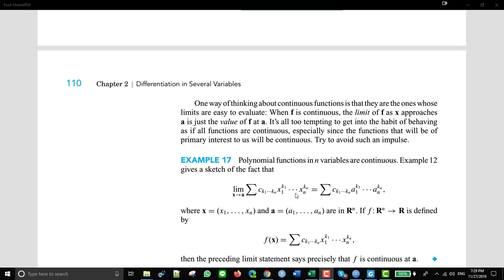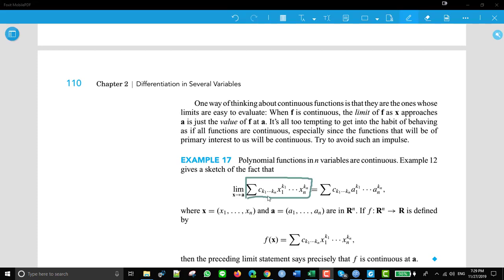So how about polynomial functions? We talked about the general form of a polynomial in an earlier video, and this was the general formula for a polynomial. So we want to ask, is it continuous? Are all polynomials continuous?